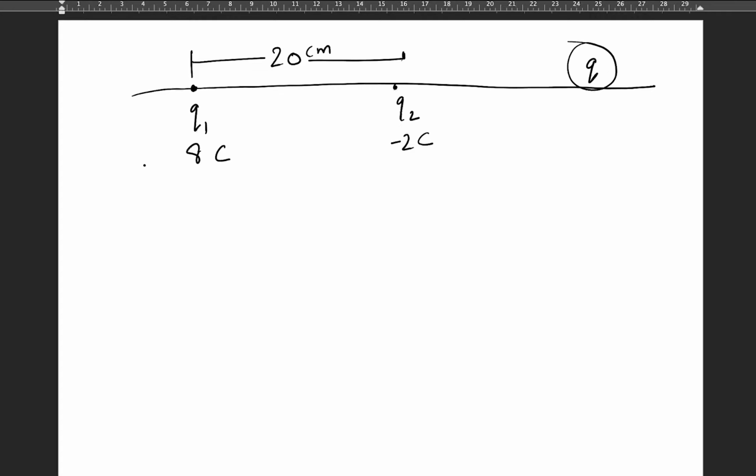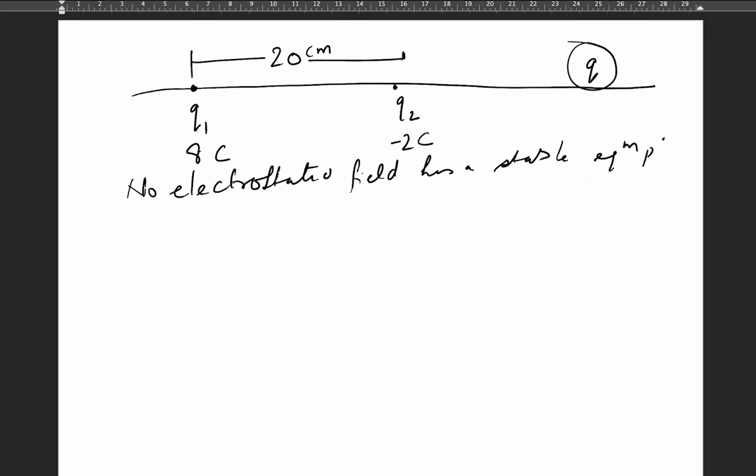However, we will see in our future lectures that no electrostatic field is going to have a stable equilibrium point. There will be so many equilibrium points, but a stable equilibrium point will not be available except exactly on top of another opposite charge.